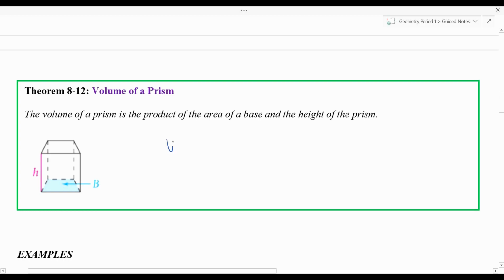So we have volume equals the area of the base, denoted by capital B, times the height. This will give us cubic units.